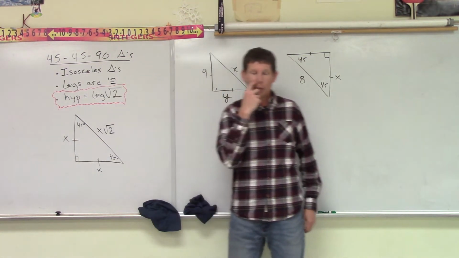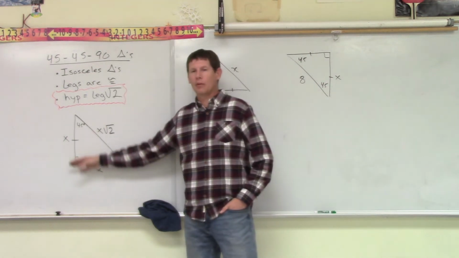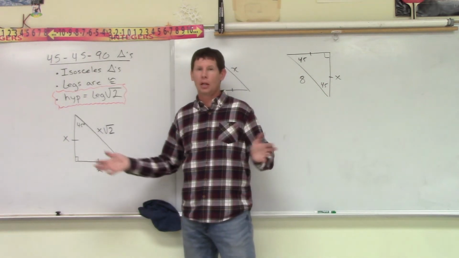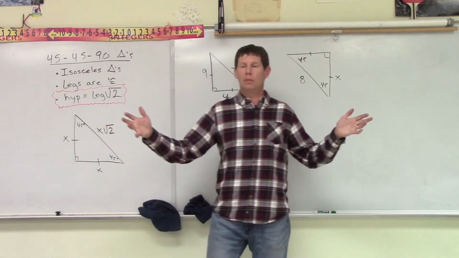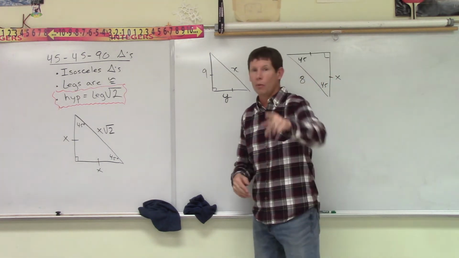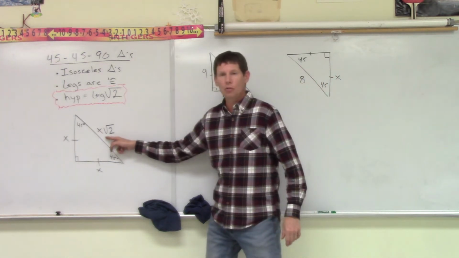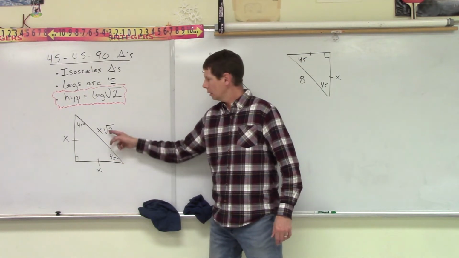And here's the sneaky part: we can have a shortcut. Instead of doing the Pythagorean theorem, we have a shortcut. A pattern develops. If we did the Pythagorean theorem for every person in this class on a different 45, 45, 90 triangle, what we would find is the hypotenuse would end up being whatever the length of the original leg is times the square root of 2.